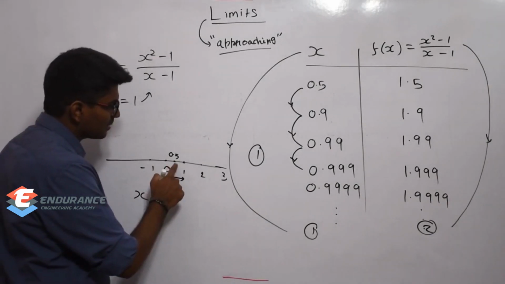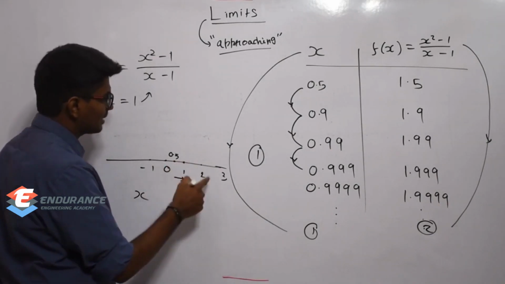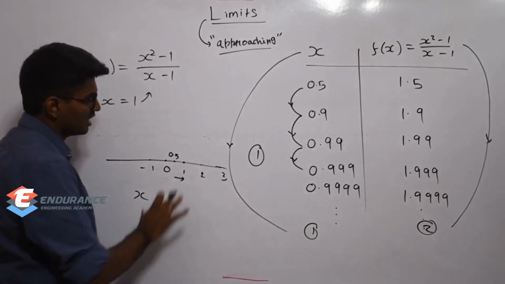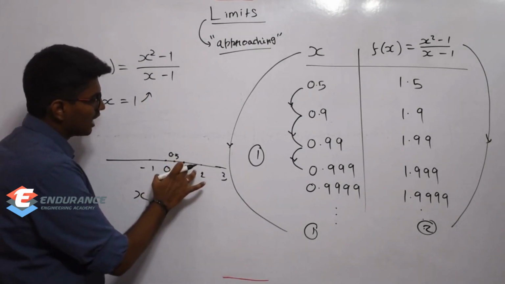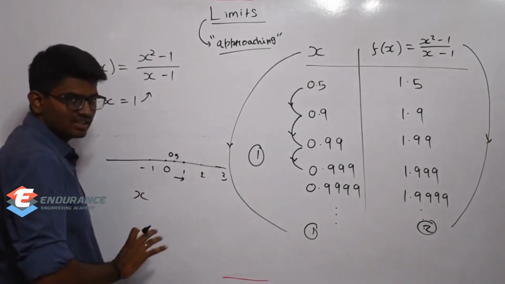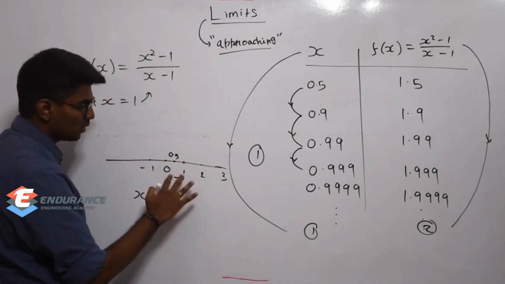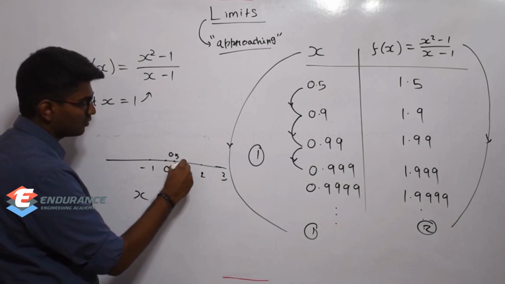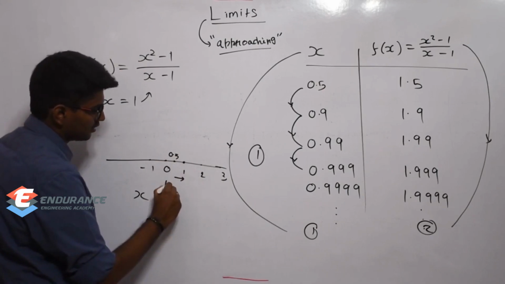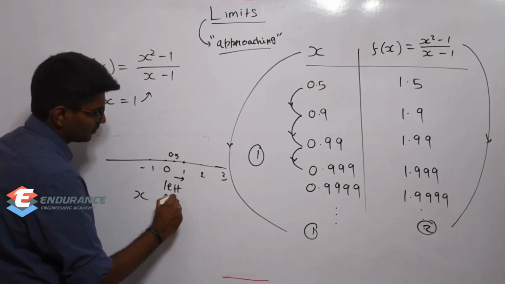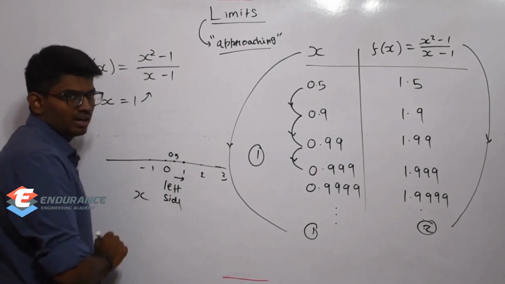From 0.5 I keep on increasing the value so that I am checking how f of x is changing if I keep on increasing x until 1. That is what I am doing here. I am doing it from the left side of 1, right? Left side of my x value. So from the left side I am approaching 1.